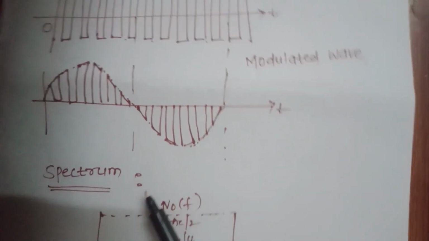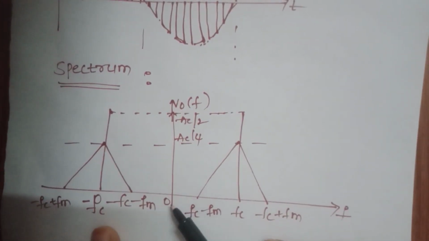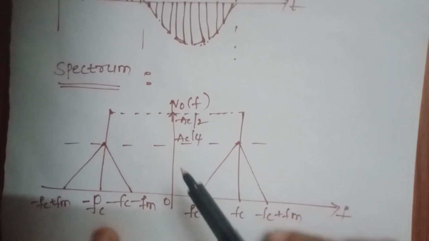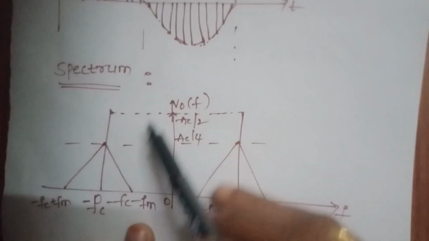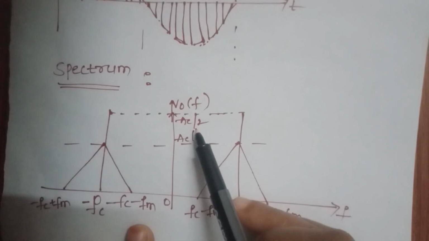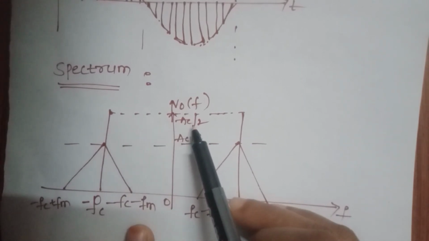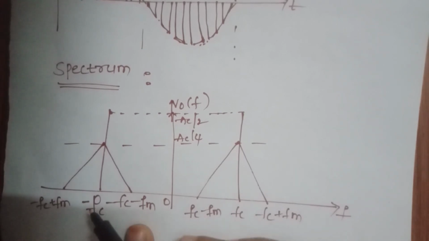Next, coming to the spectrum of the AM modulated wave. First take the output, that is V naught of t, one center line. After that locate the fc values, on the positive side and negative side. fc has the amplitude Ac by 2; you observe it from the equation, which gives the amplitude of the carrier signal. That will be located on the positive side and negative side, plus fc and minus fc.